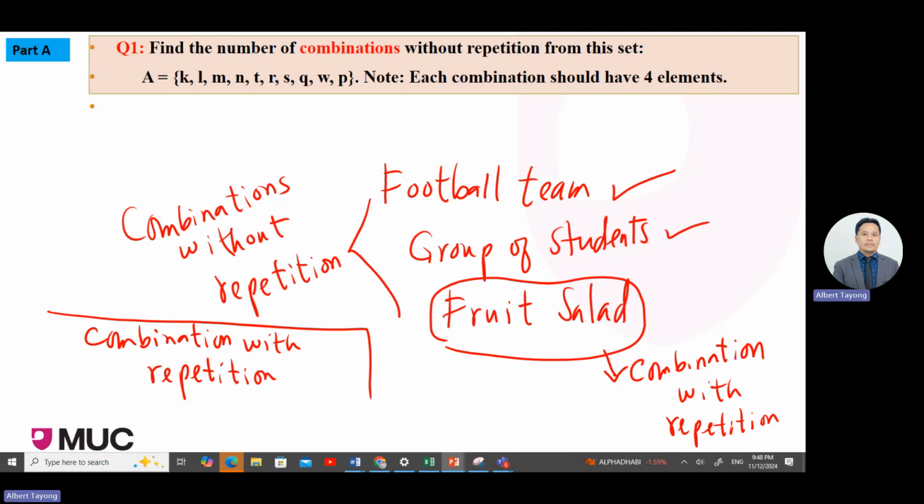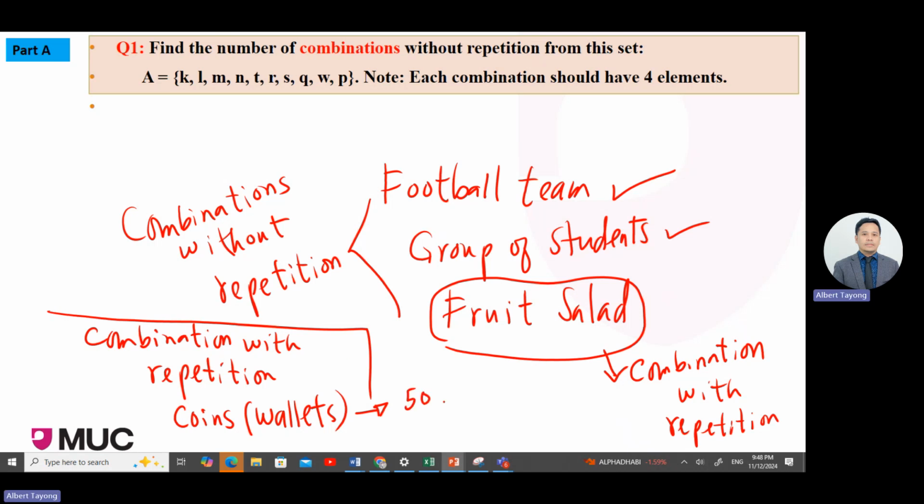A very clear example of this is the coins in your wallet. The coins in your wallet are examples of combination with repetition because we don't care about the order of the coins, but the coins can be repeated.